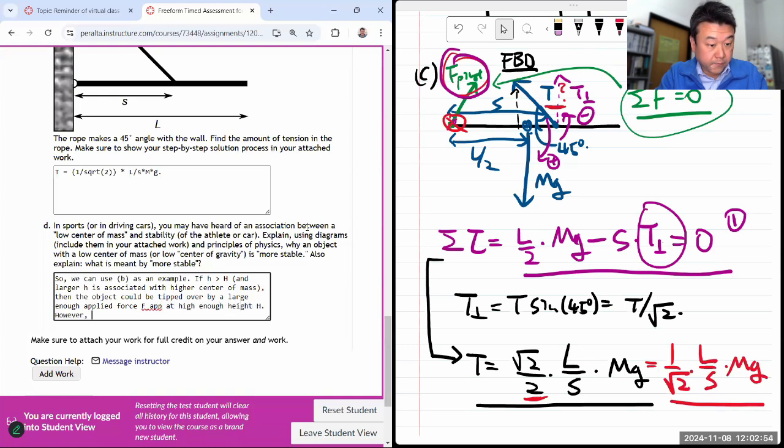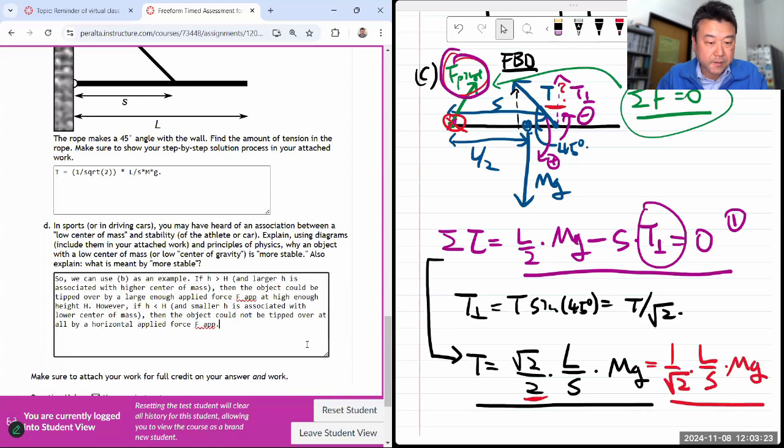However, if h is less than H, and smaller H is associated with a lower center of mass, then the object could not be tipped over at all by a horizontal applied force F. And there are other examples too. I think in the model answer I give a different example, but this would be sufficient.